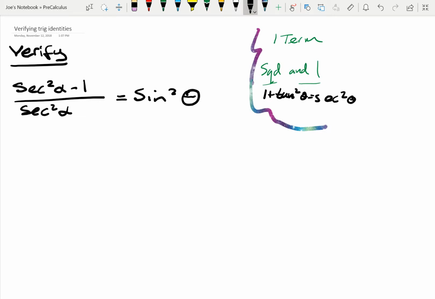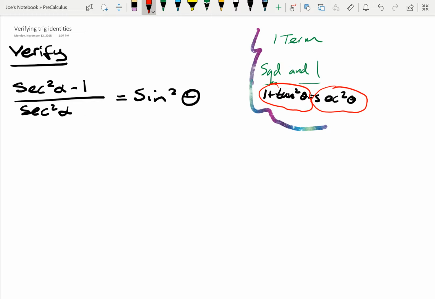So look at it for a second with me. I wonder how I could get that 1 away from the tangent squared and put it over with the secant squared. I could subtract it, right? So subtracting 1 just leaves me tangent squared.